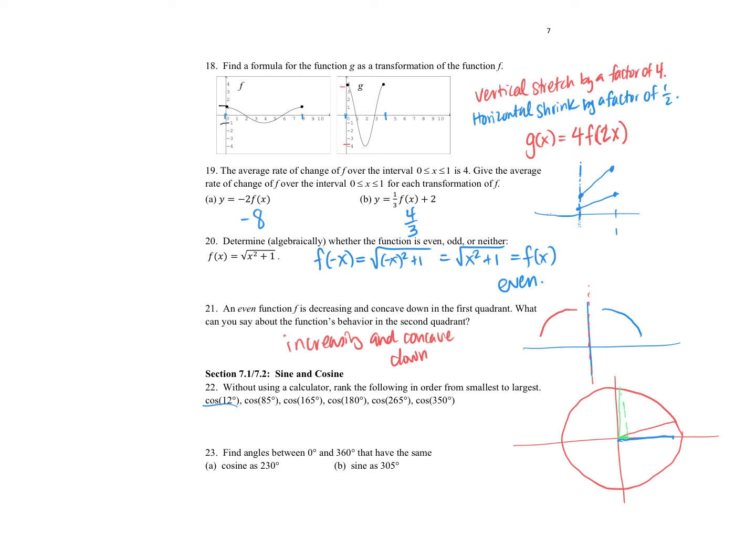And then cosine of 165 will be out here somewhere, and I'm going to look at the x component of that. Cosine of 180 is actually -1. If I'm at 180 degrees, that's here, and this x coordinate is -1. So that's going to be the smallest one.